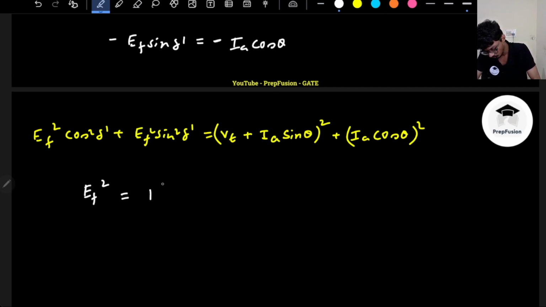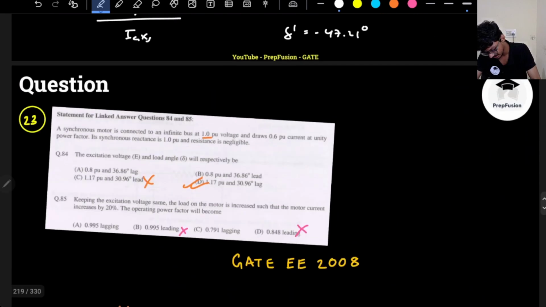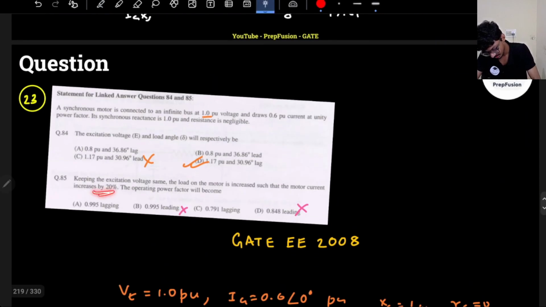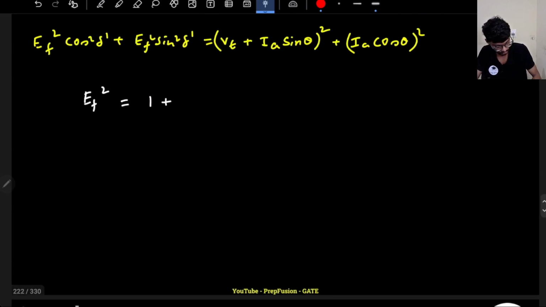VT square is 1 only, plus IA sin theta whole square. Remember, your current has increased by 20%. So previously if it was 0.6, it will be 0.6 into 1.2, so it will be 0.72.